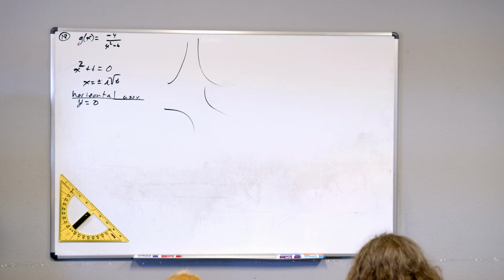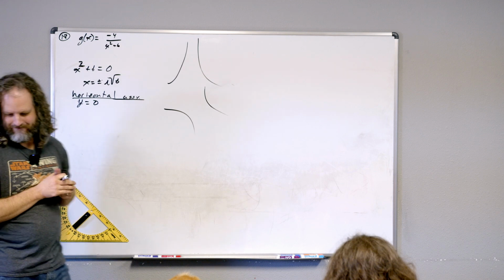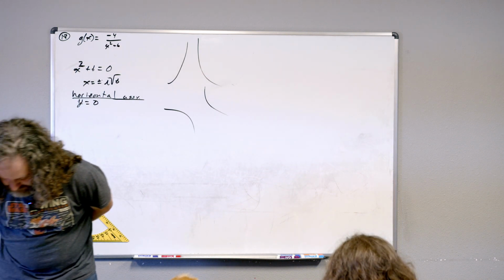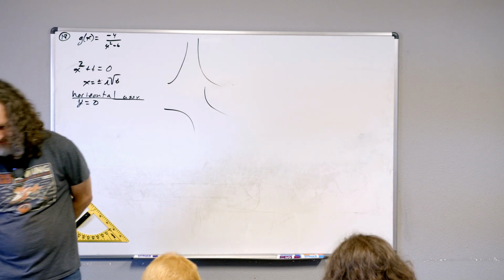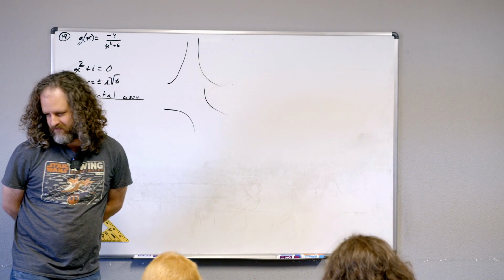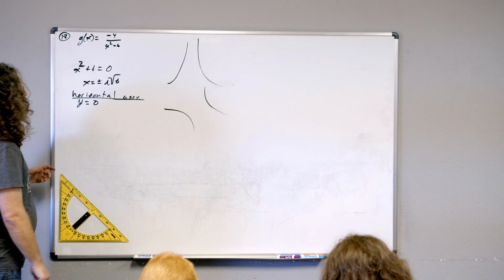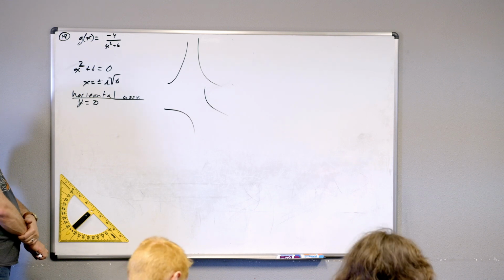A rational function is a function of the form f of x equals a of x over b of x, where a of x and b of x are polynomial functions and b of x does not equal 0. Both are polynomials, so there is an asymptote at y equals 0. So we're correct.